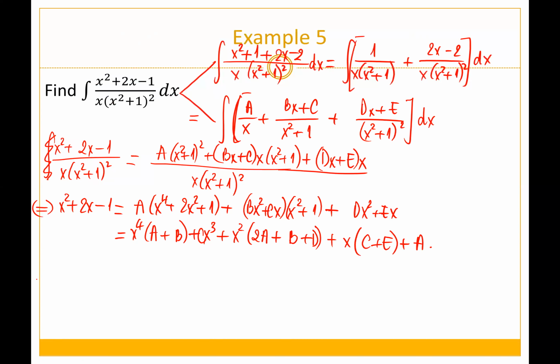Now, when you equate them together, this is a little bit more complicated because now we have 5 variables. And so when you solve for it, be very careful about algebra mistakes. So you have a plus b. There's no x fourth on the left, so it's equal to 0. c is equal to 0 because there's no x third on the left. 2a plus b plus d is going to equal 1, because the coefficient of x squared on the left is 1.